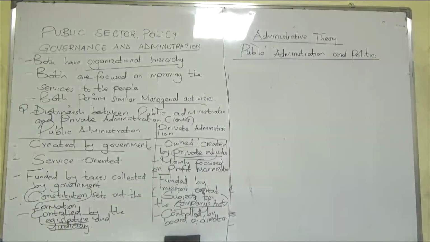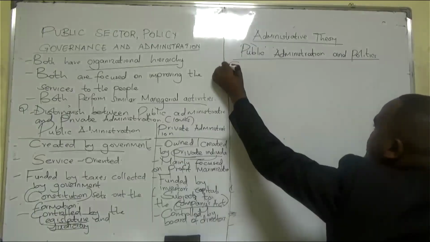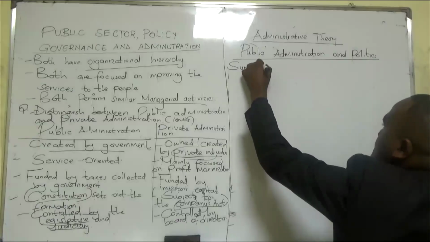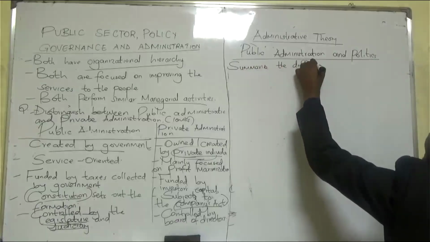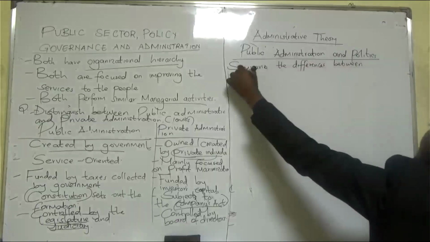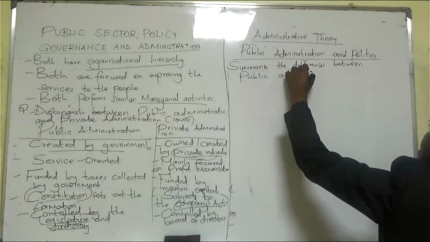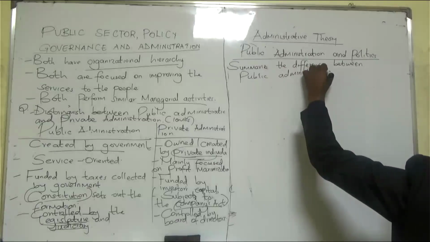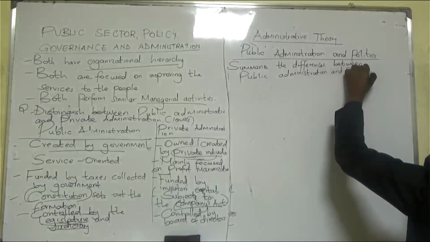So the first question is, summarize the differences between public administration and politics. 10 marks.